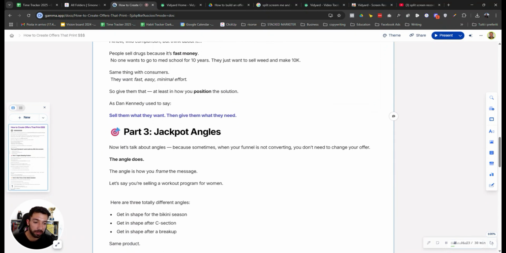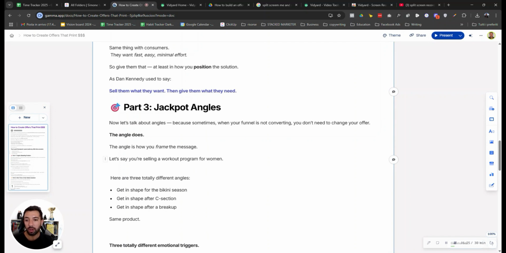Now, number three, jackpot angles. This is something that I discovered for the first time 5 or 6 years ago when I started in digital marketing. I was doing affiliate marketing, and when you do affiliate marketing and promote a product, there are 20 other people in the market promoting that same exact product, the same supplement, the same e-commerce product, whatever you're selling.